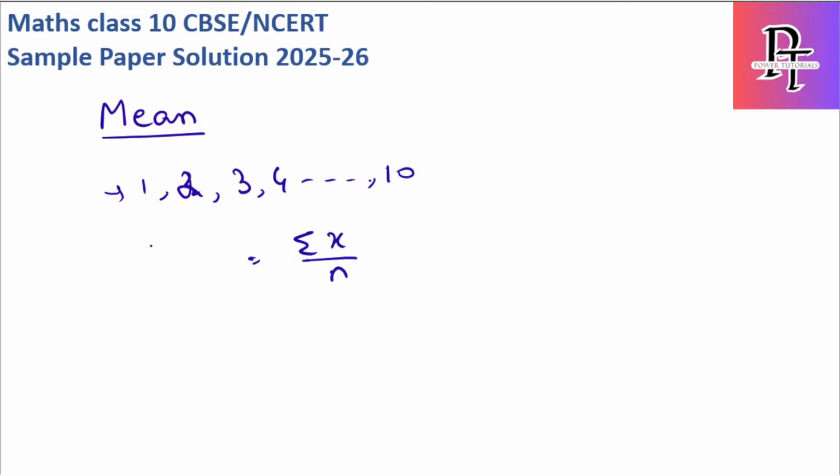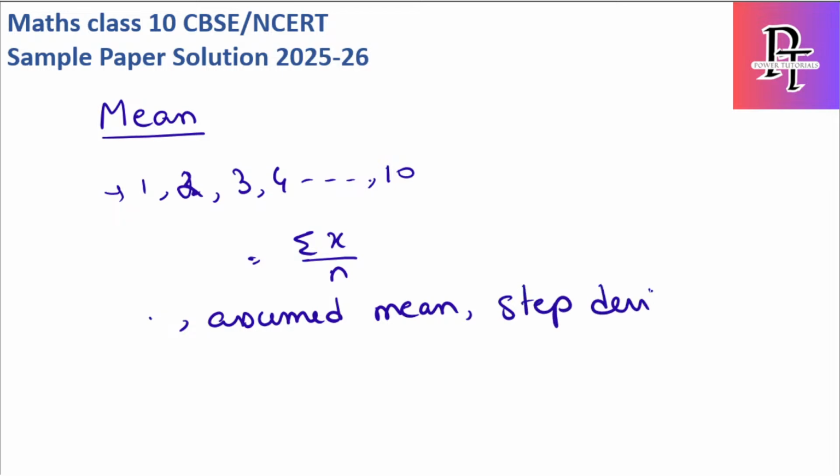For that we have three methods. First is the standard method, second is the assumed mean method, and third is the step deviation method. As per last year, the step deviation method is not there, and the assumed mean method is present. For the standard method, the formula is sigma fi xi by sigma fi.